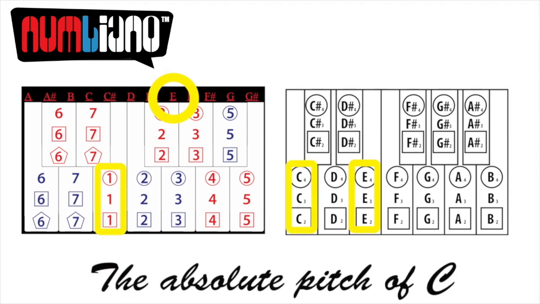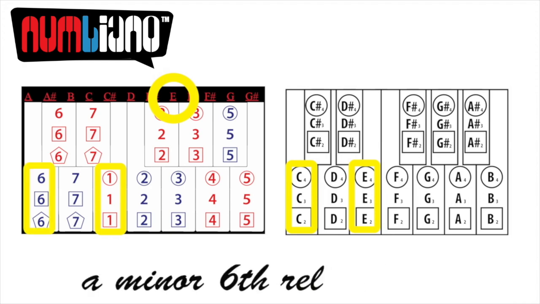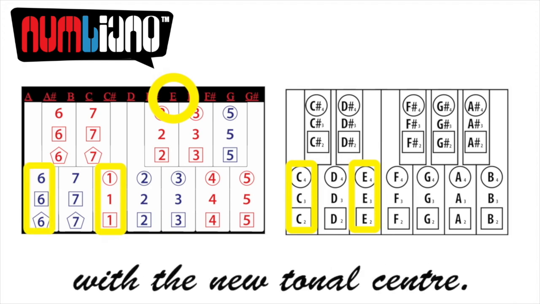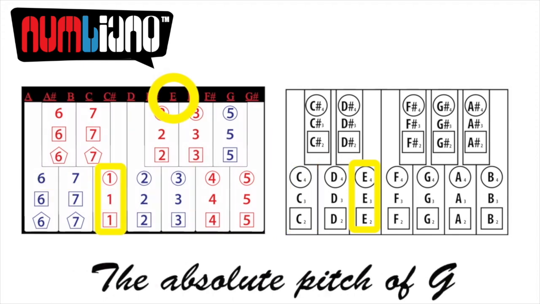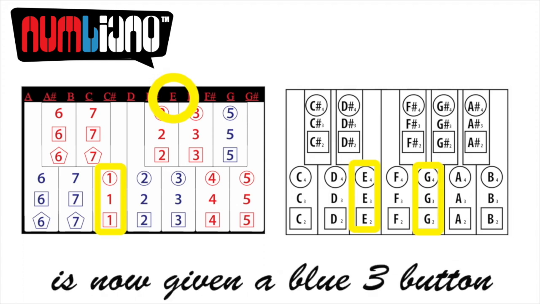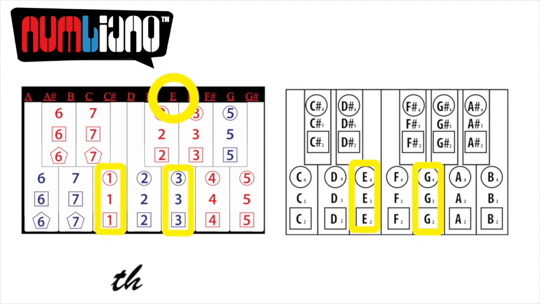The absolute pitch of C now is given the blue 6 button to show that it has a minor 6th relationship with the new tonal centre. The absolute pitch of G is now given a blue 3 button to show that it has a minor 3rd relationship with the new tonal centre.